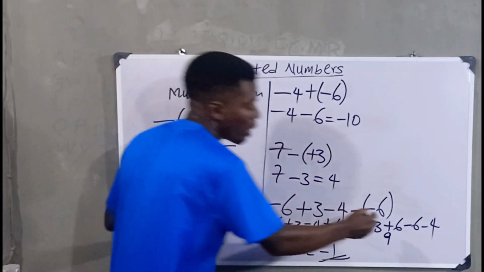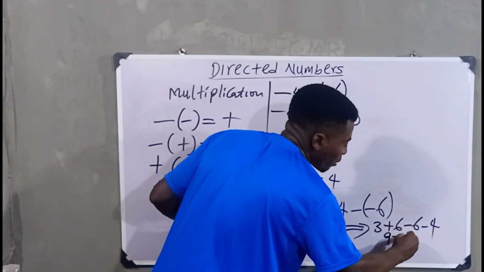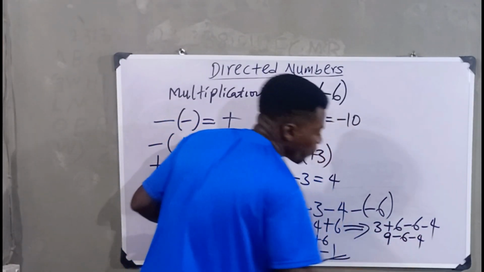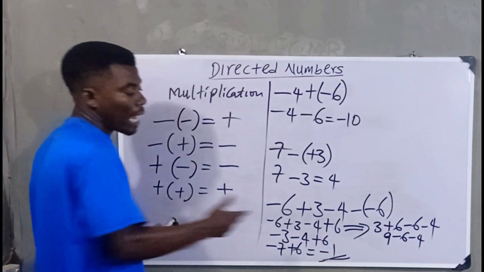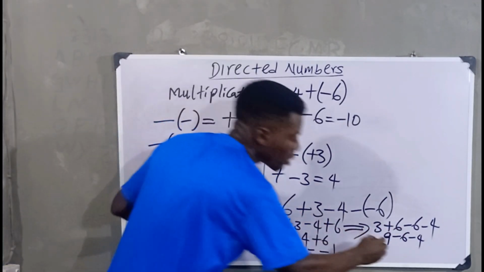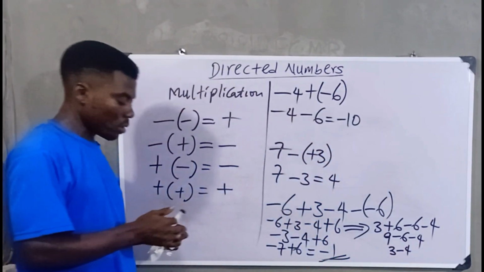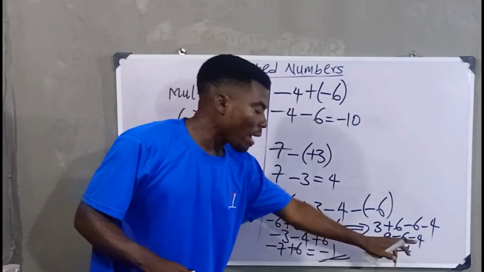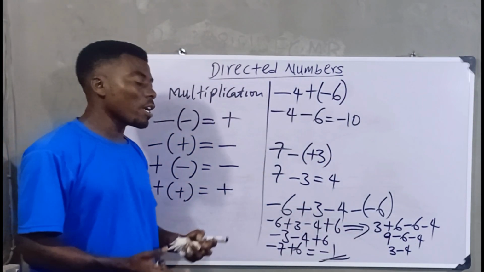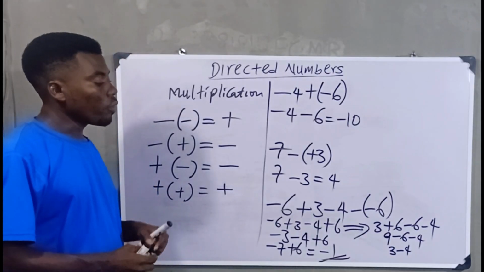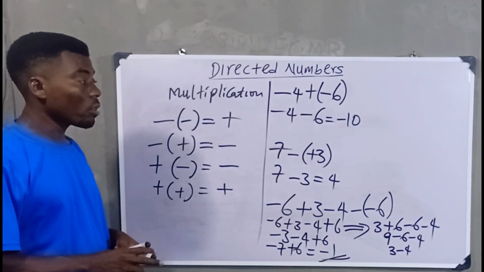And then we have 9 minus 6 minus 4. So 9 minus 6 gives us 3 minus 4.